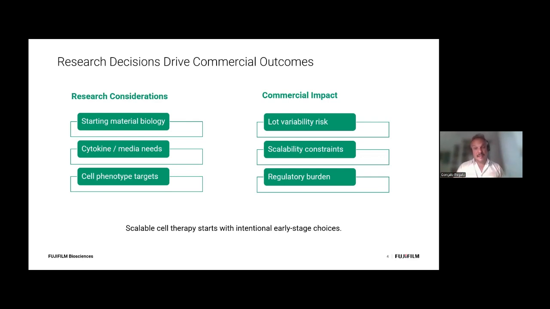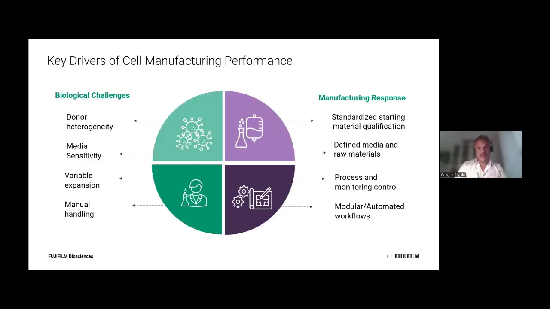the thought process that is expected for therapy developers in the cell and gene therapy space by regulators, which these products are advanced therapy medicinal products, ATMPs, and the process behind the decision making in terms of these critical elements, it's risk based, and to have a strong approach based on risk assessing these decisions from multiple ends is the way that is expected for developers to move forward, right?